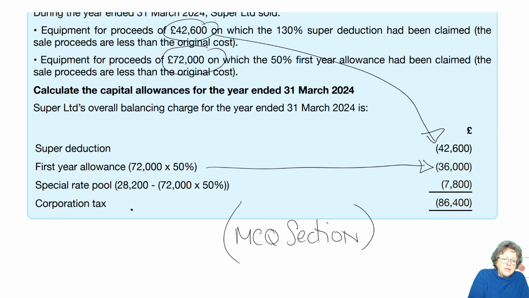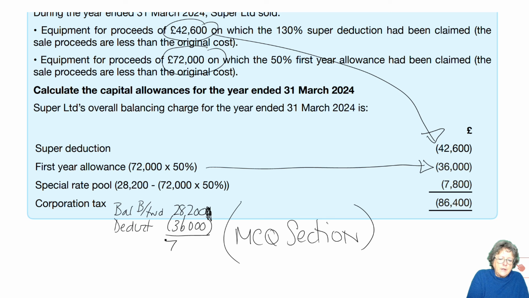Now the special rate pool had a balance brought forward of 28,200, and we're going to deduct from that the other 50% of the proceeds. Which means we would have 7,800.